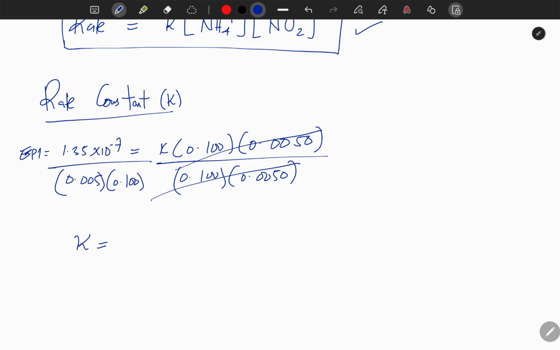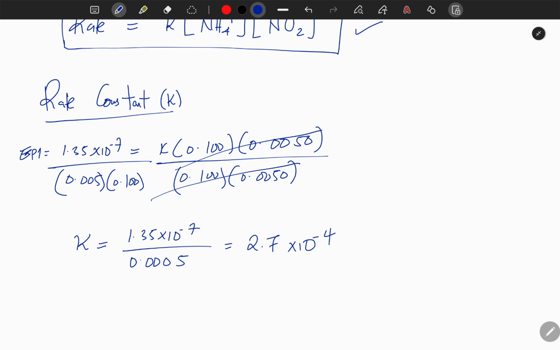So the product of these two is 0.005 multiplied by 0.1. So we are getting 1.35 times 10 negative 7 over 0.0005. So we divide 1.35 by 0.0005. So this will give me 2.7 times 10 to the power negative 4.